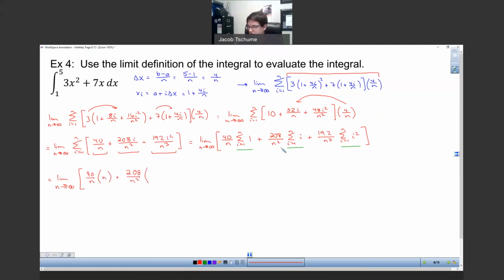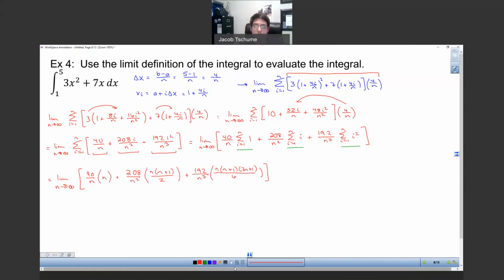The summation of i is n times n plus 1 over 2. Right? And then plus 192 over n cubed. The summation of i squared is n times n plus 1 times 2n plus 1 all over 6.